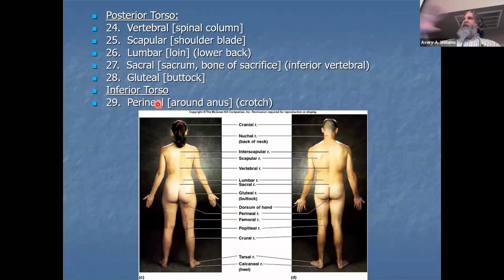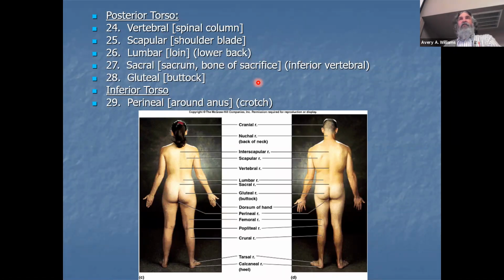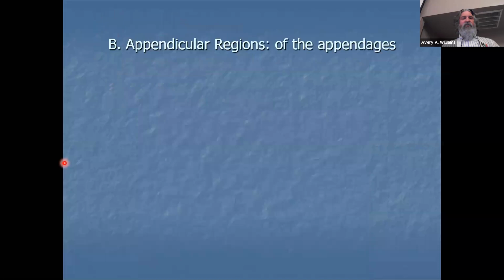So around the anus, the area where your anus would be, and other structures too. It's the inferior pelvic floor. Or like I like to say, it's the part that sits in the saddle, your crotch, okay? Perineal region, or perineum would be the noun, and you have different types of perinea.